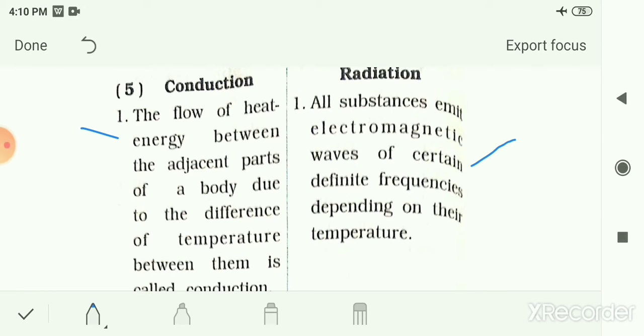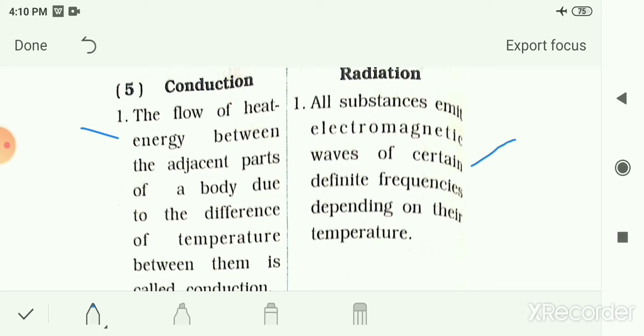All these substances have some temperature, and because of that temperature they are emitting or releasing electromagnetic waves. This is the kind of wave which is a combination of electric waves and magnetic waves.